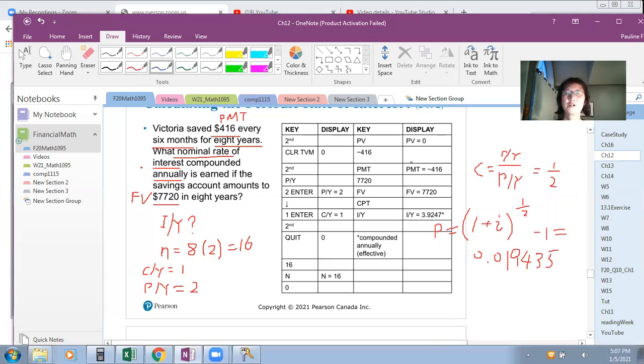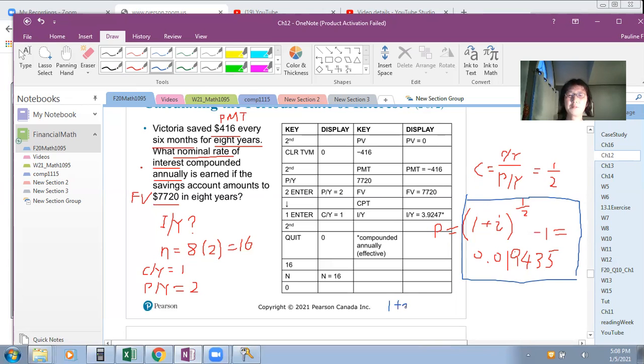So now from here we solve for I. How do we solve for I?